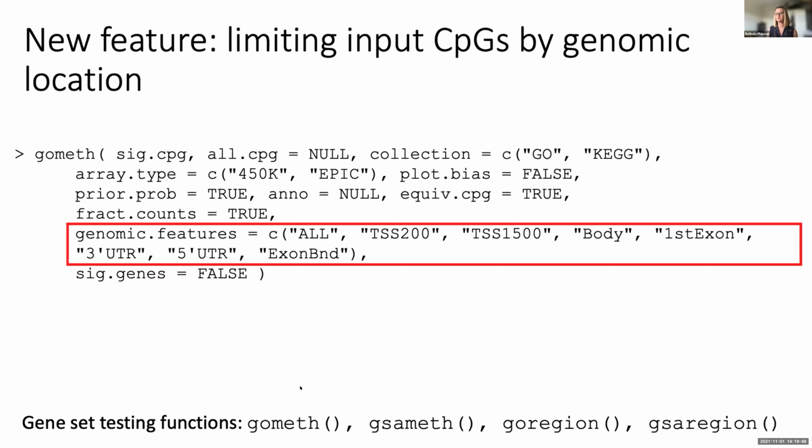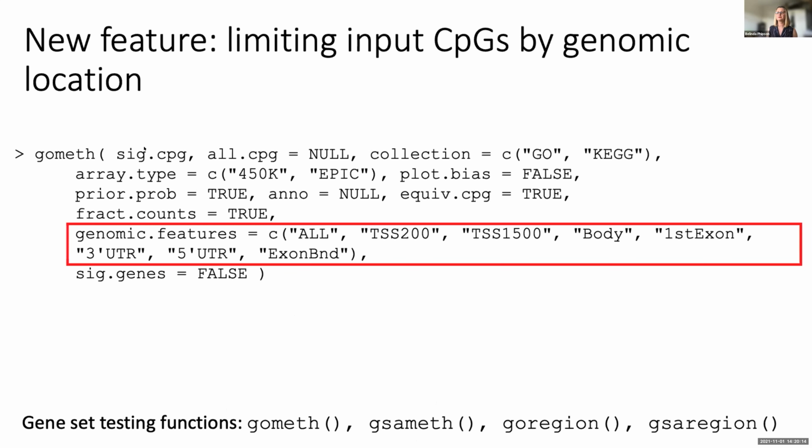We've got GOMETH, which specifically tests GO and KEGG pathways, but we also have GSAMETH, which uses the same statistical framework, but you have the flexibility to input your own lists of gene sets. And then Goregion is the region version of GOMETH, and GSAregion is the region version of GSAMETH.